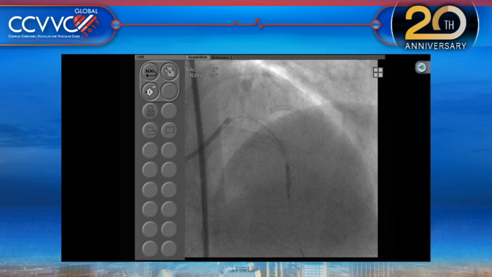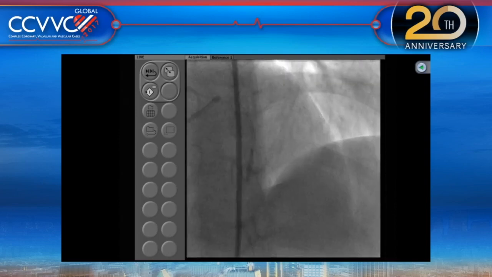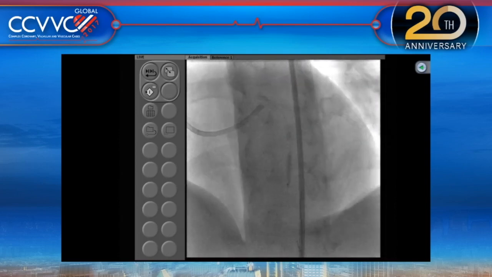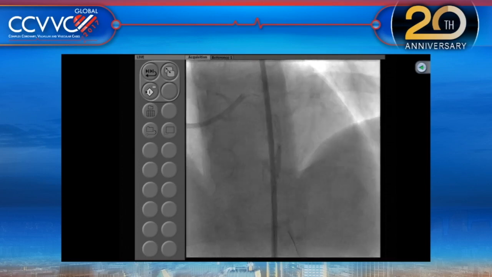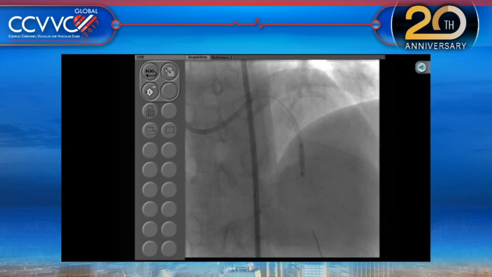Well, first of all, you get beautiful expansion at the actual ostium, and then if restenosis becomes a problem, it's much easier to treat stent restenosis than a jailed side branch with conventional method.